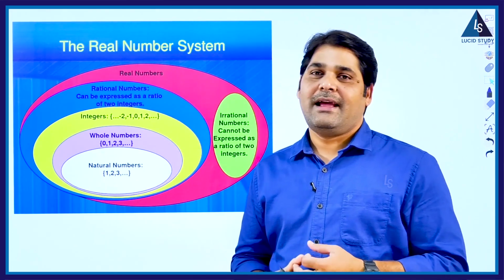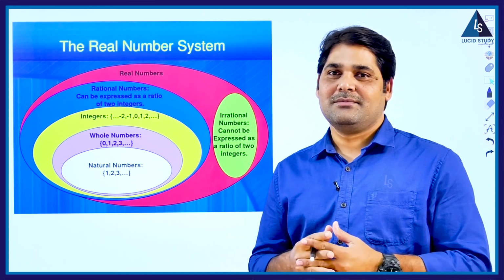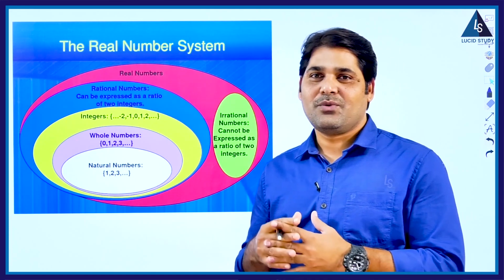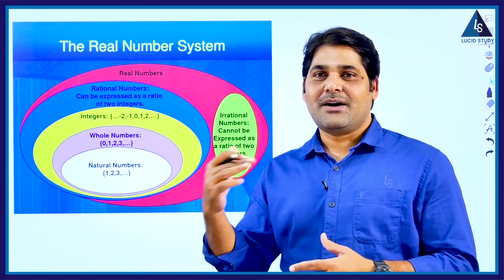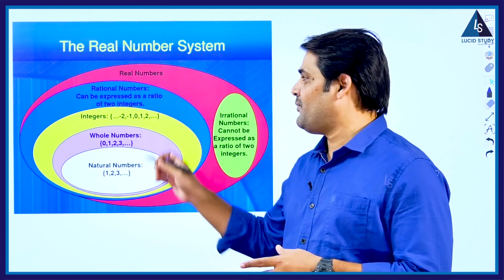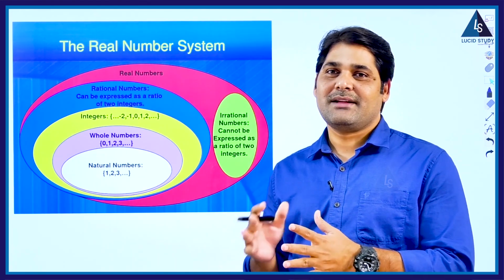After that, the requirement for negative numbers also came. Negative numbers, positive numbers, and 0 are all included in one number system, which is called integers. After that, we found some new numbers, fractional numbers, like 2 by 3, 4 by 3.